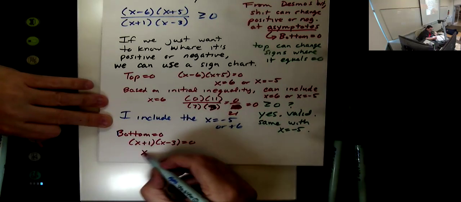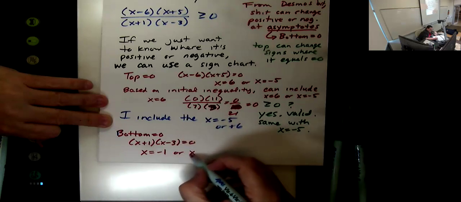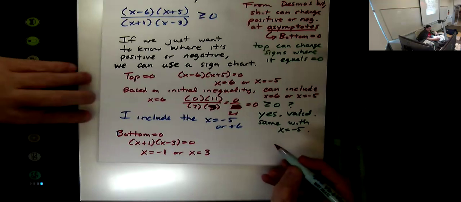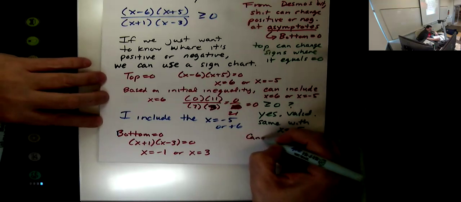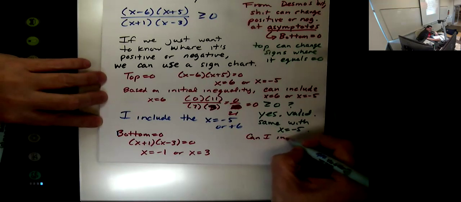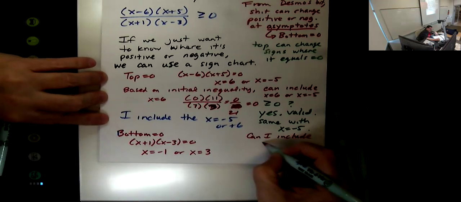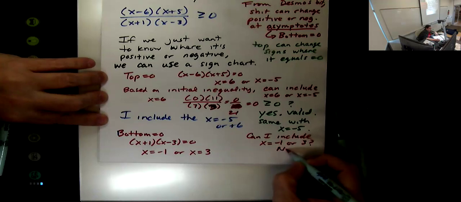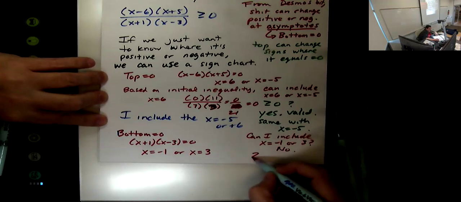And I get x equals -1 or x equals 3. And can I include these? No, it gives me a 0 on the bottom.